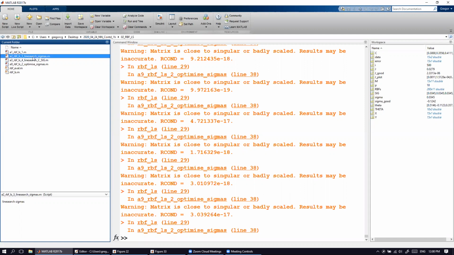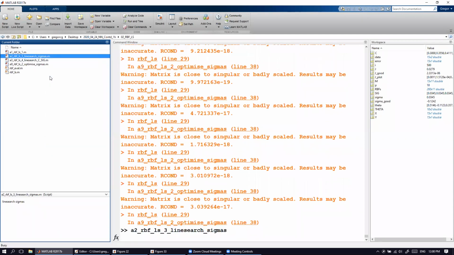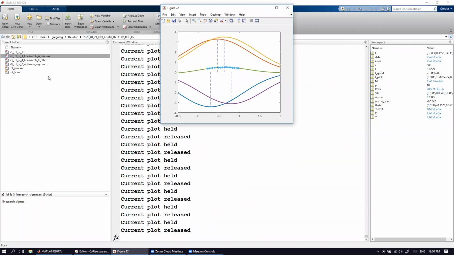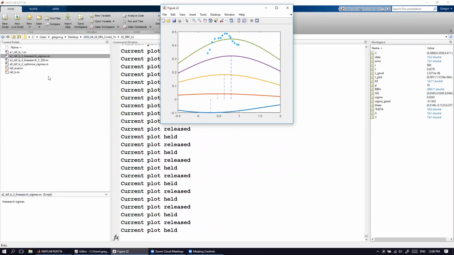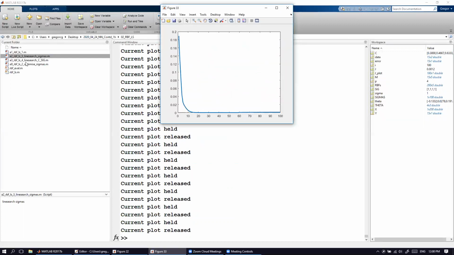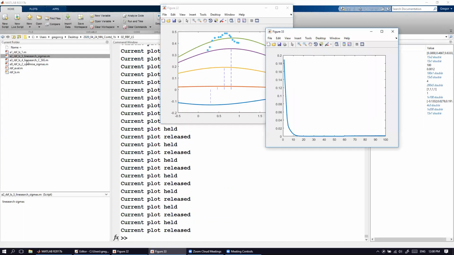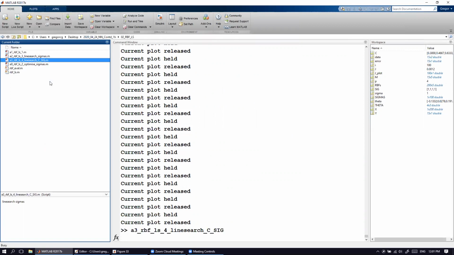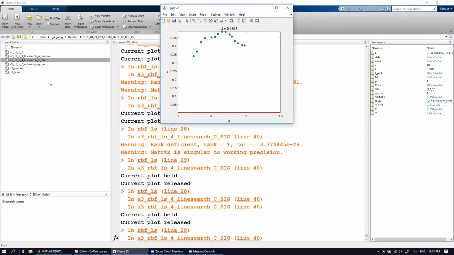In this case, line search sigmas, we are just looking for all the sigmas, the small and the big ones. And in line search C sigma, we do the line search on the centers and the sigmas. They're just more complicated.